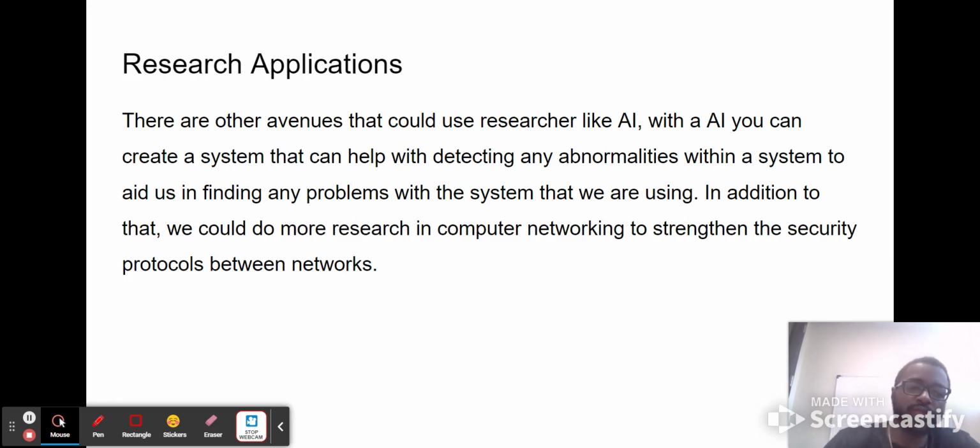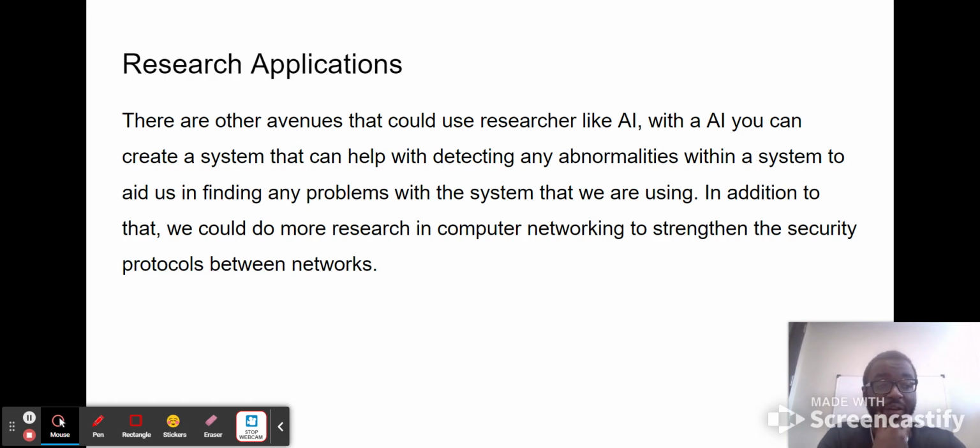So, research applications. Where else can you use this stuff, right? There are other avenues that can use this kind of research, like AI. How, you may ask? Well, with AI, you can create a system that can help you detect abnormalities within a system that aid us in figuring out whether our system has been tampered with or not.